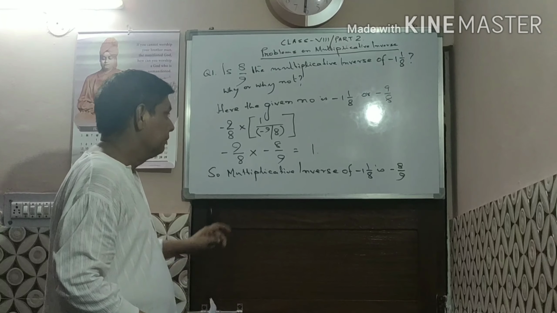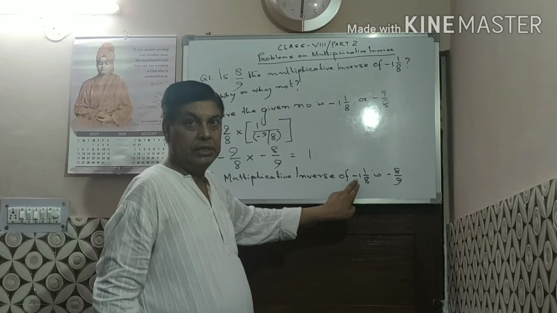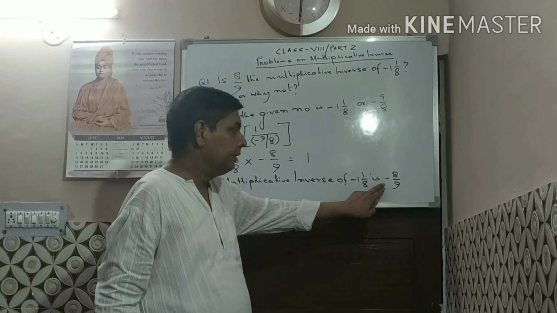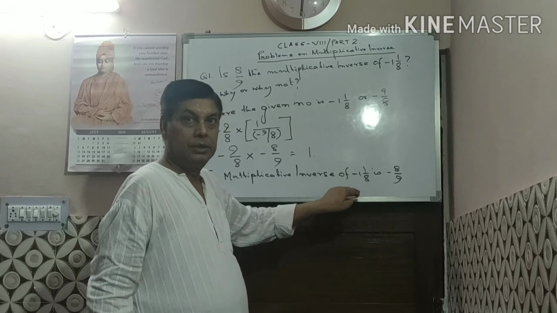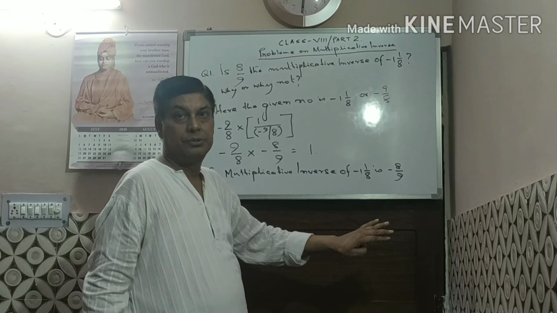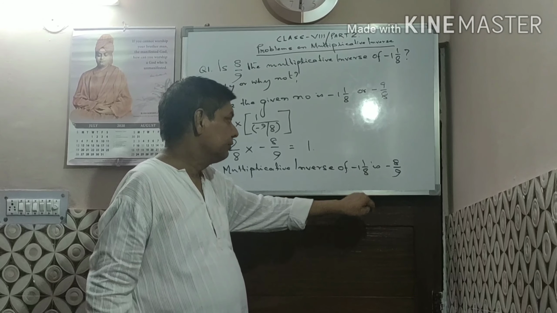Now look at this. Here there was a minus sign, but in multiplicative inverse there will be no change in sign. Only the numerator and denominator will be reversed. You will have to see this one.